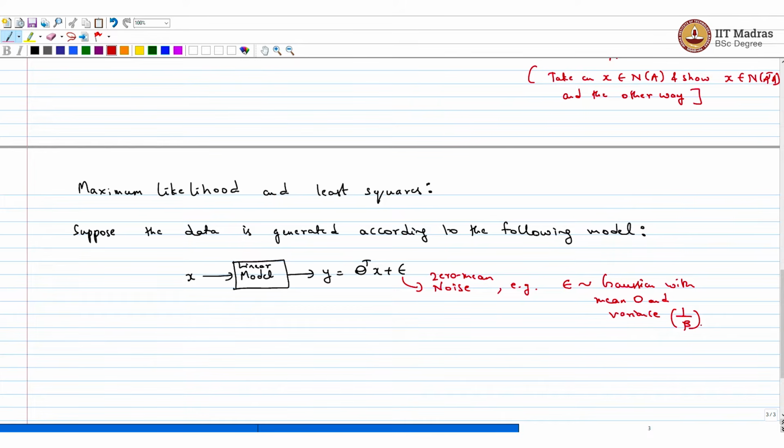So, this beta, the inverse of the variance, is usually called the precision. So, beta is a precision parameter.